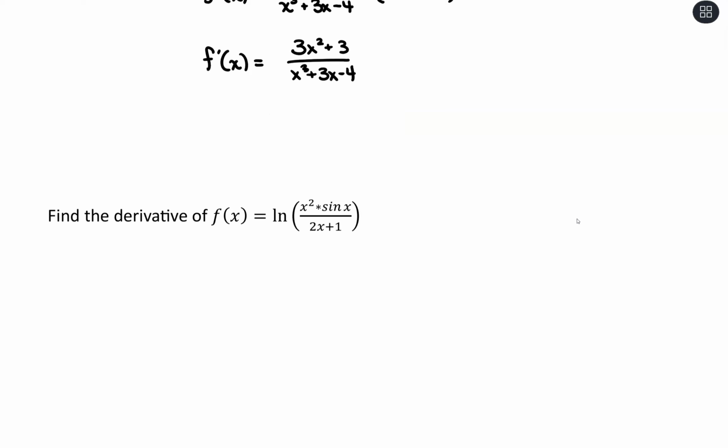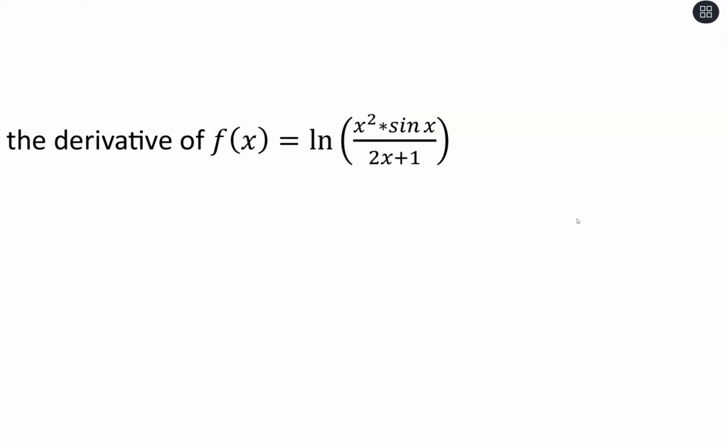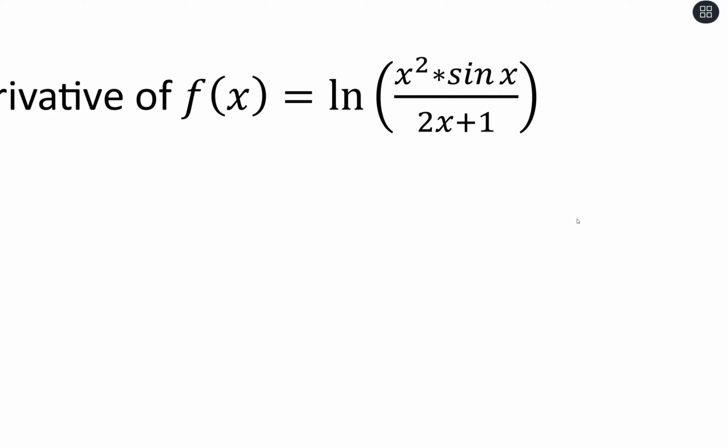All right, a little more complicated here. We're going to take the natural log, so that's what we have at the outside of everything. And then inside, we're going to need some quotient rule, a little product rule as well. So I'm going to write this out in long form.